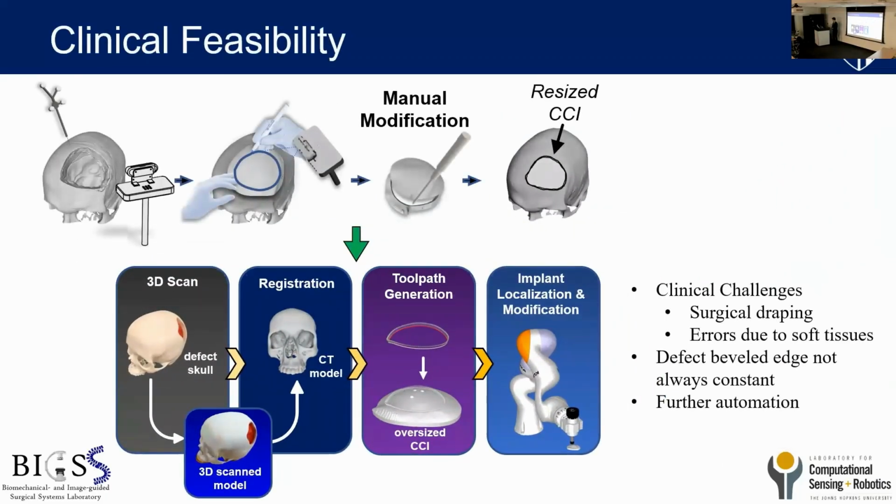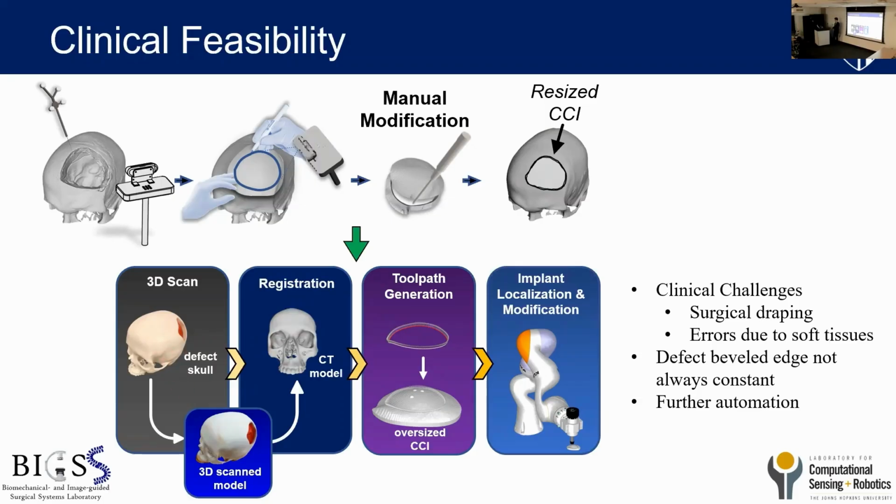Now we want to prove if this system can be used for clinical applications. When we want to use this system clinically, there are a few challenges. Surgical draping is required to cover the patient during the procedure. Also, we only performed experiments on plastic skulls.